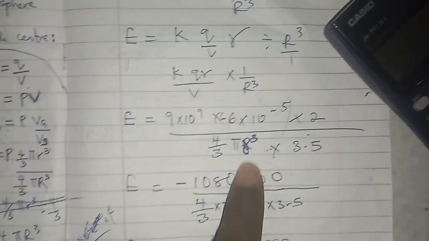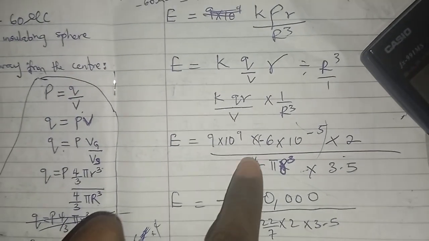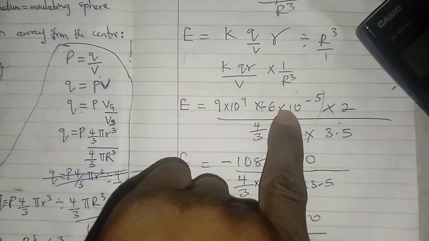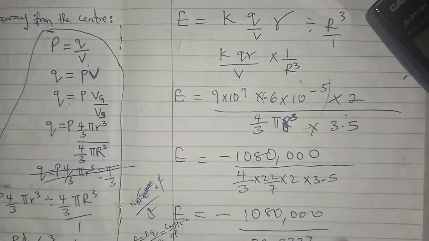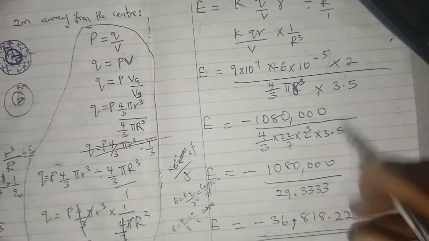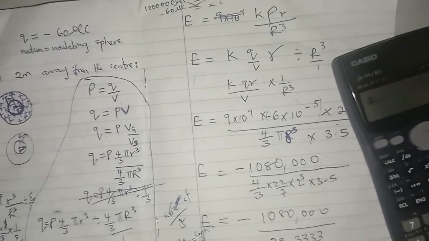Look at this, when we did this one that has q, that is ks, qs, then we have rs, then when we did this one that has 4 over 3, then r raised to power 3, this is supposed to be 2 raised to power 3. This thing that we have here is supposed to be 2 raised to power 3 because it's our r, then times this. So let's do it so that we have 4 and 2 raised to power 3 is 8.